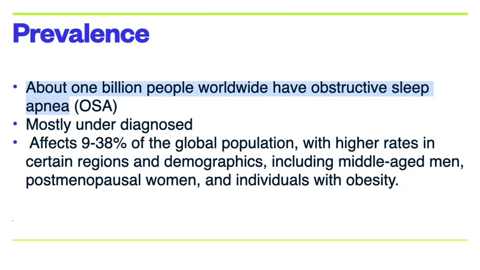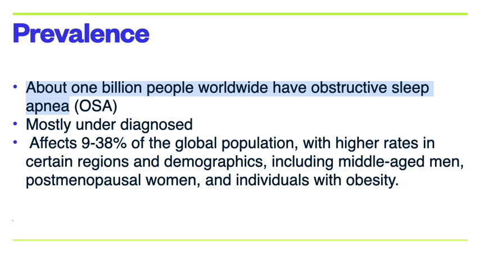The prevalence here, about 1 billion people around the world have obstructive sleep apnea, and most of it is undiagnosed. It affects mostly middle-aged men and postmenopausal women and individuals with obesity.